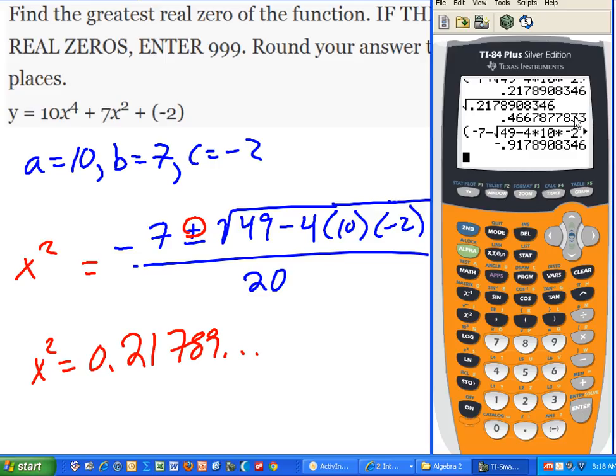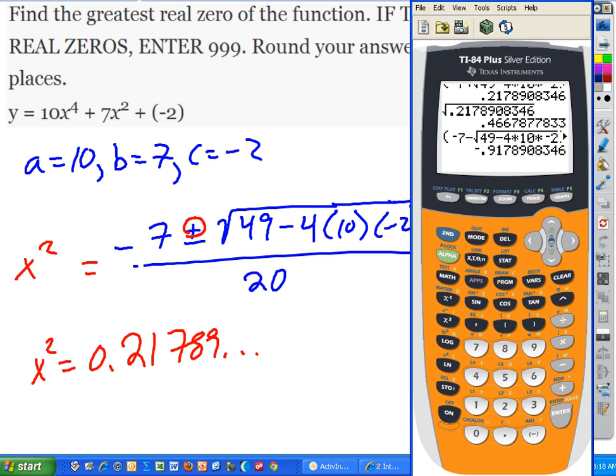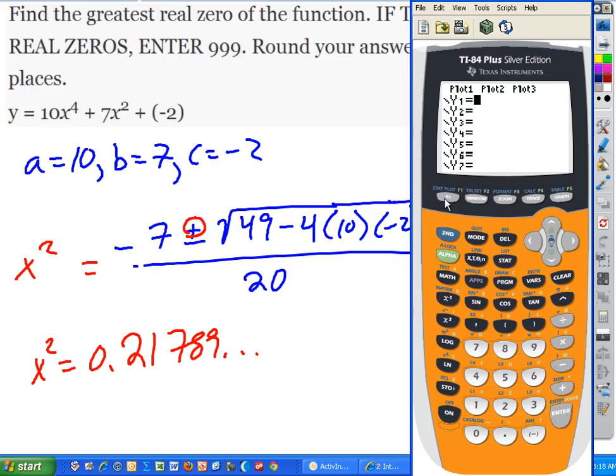Now I could also, if I wanted to, go up to y equals and graph it. 10x to the 4th plus 7x squared minus 2.